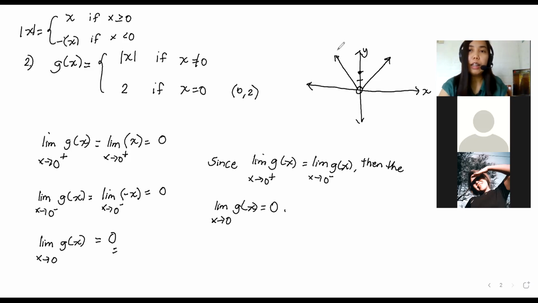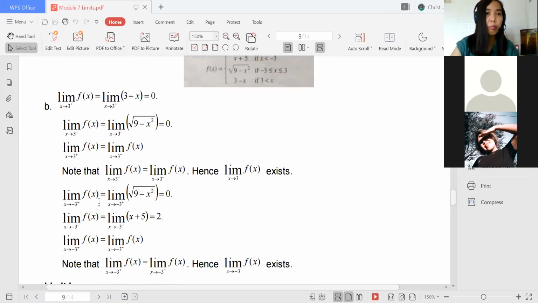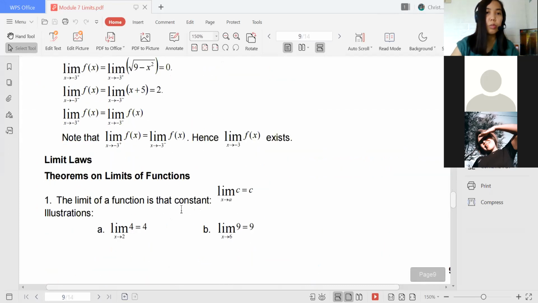So, noted. Balikan natin yung limit theorems. That the limit for a constant function class is the constant itself. Whatever the value of the constant, when we get the limit of a constant function, the answer is the constant.